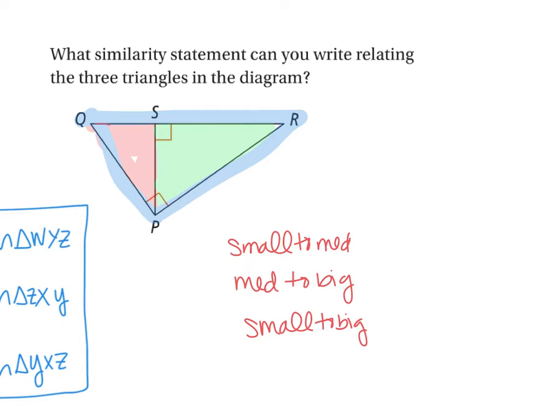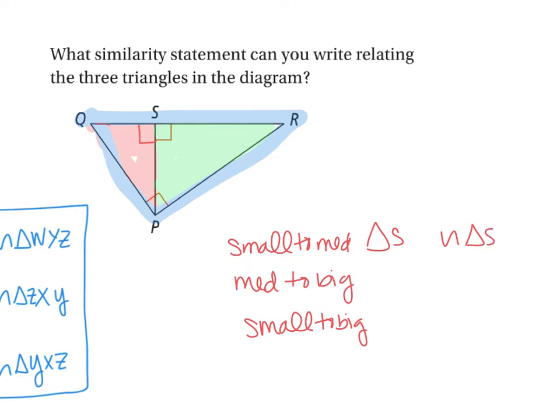Okay, so on my small, that would be triangle something is similar to triangle something. So let's start with the right angle on the small, and let's go ahead and draw that one in. So the right angle on the small is S. The right angle on, we're doing the medium, so that would be the green one. So that would also be S.